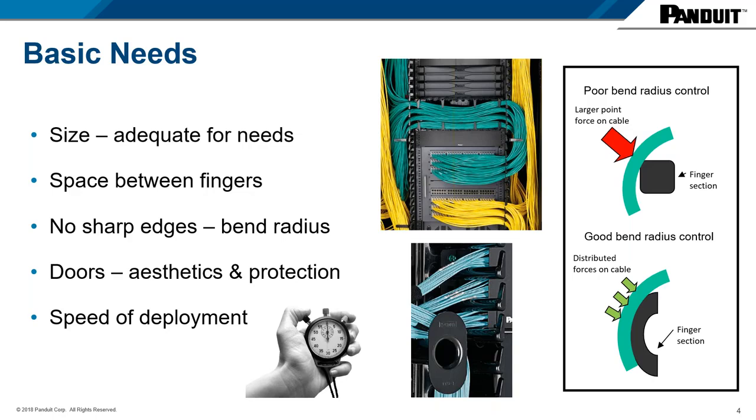Ease of use is also critical to provide lowest total cost of ownership. For example, products that have bend radius control built into them are much faster and easier to use than adding accessories that incorporate bend radius control day two. So we should always take this into account as well when looking to procure product.